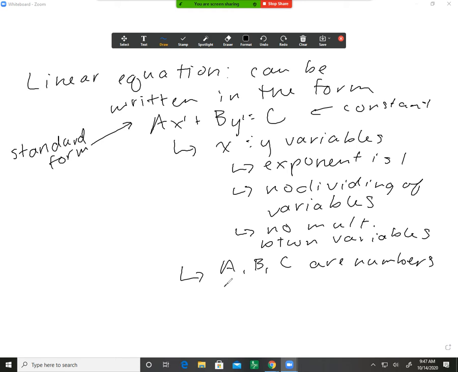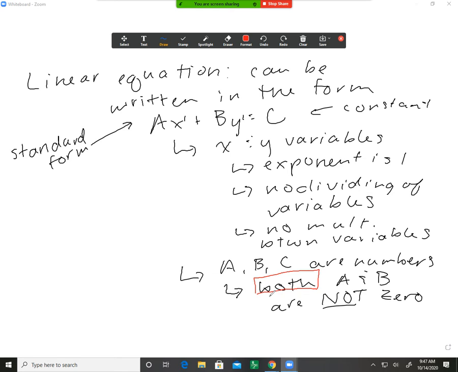All right, so with this we've got some rules. Both a and b are not 0. What do you think that is? Wait, how could they not be 0? Because I saw problems in the homework where it said x plus something y equals, you know what I'm saying? So both a and b can't be 0 at the same time. Just one could be 0. a could be 0.